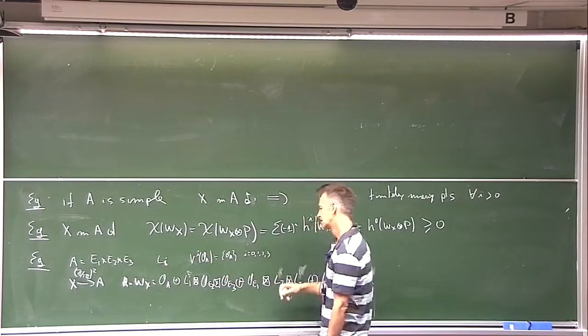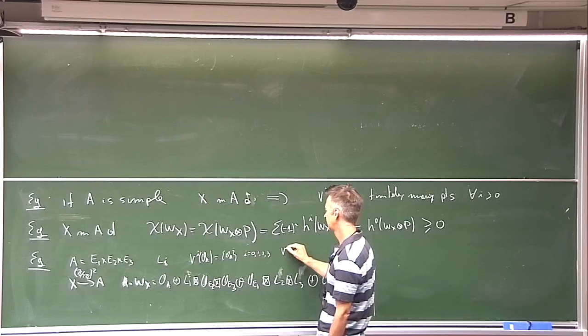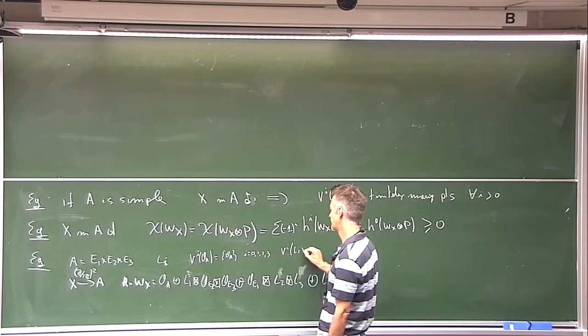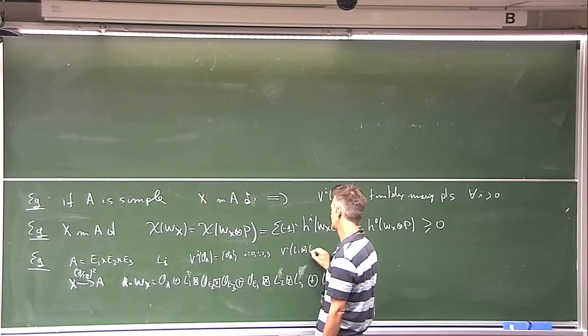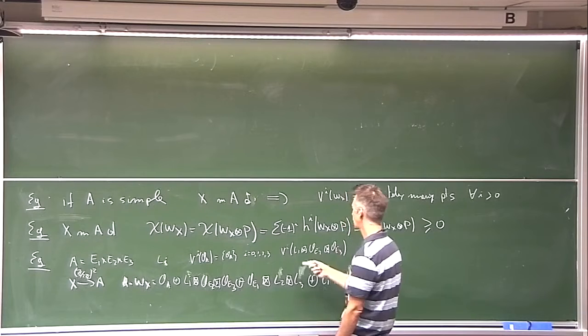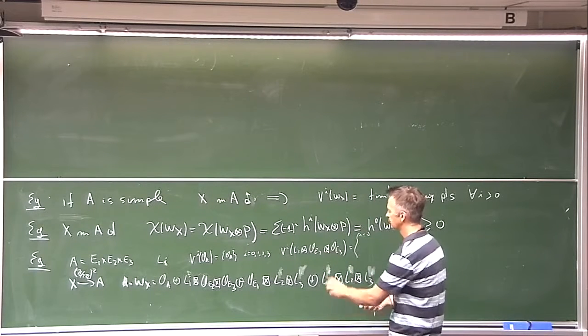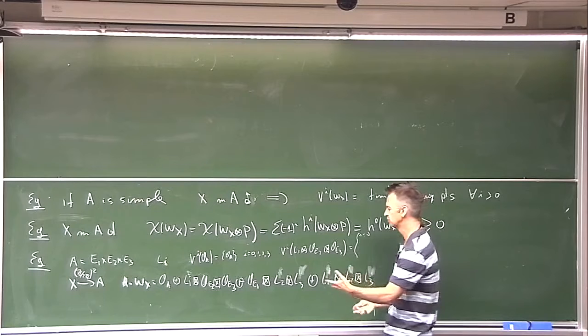Check this. Now, the next one is, if I look at V_i of L1 box O_E2 box O_E3. Okay, so let's think about i equals 0. This is the easiest one. We're looking for global sections.